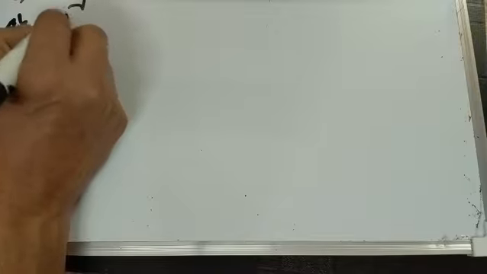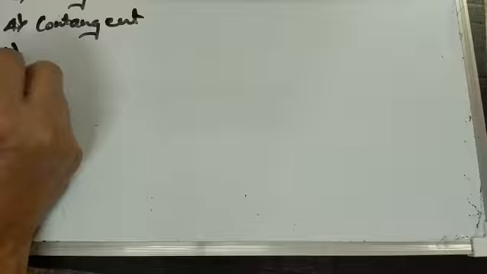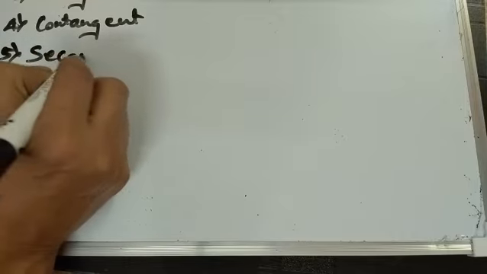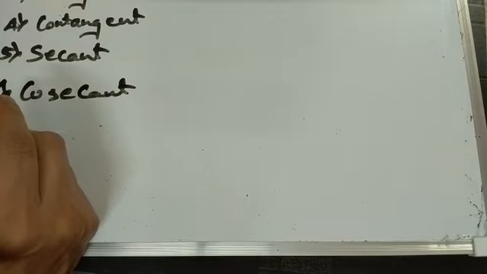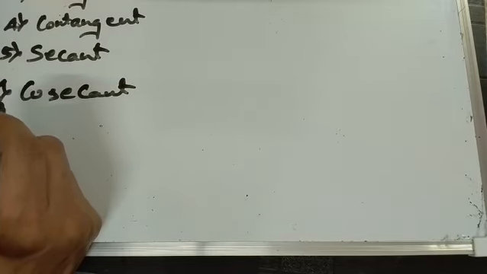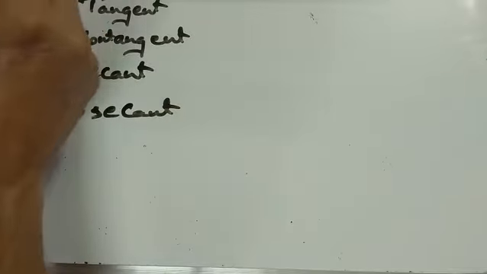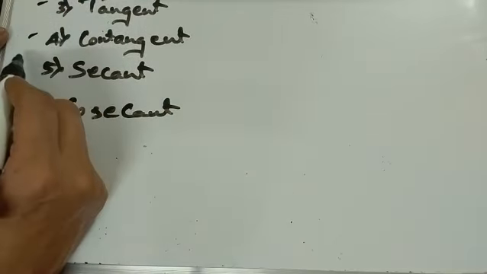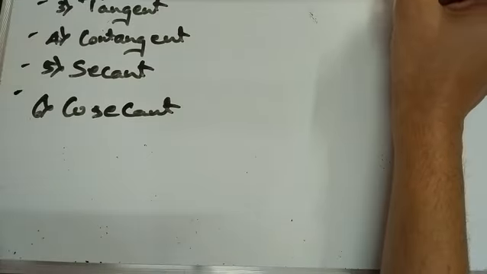Number 4 is cotangent. Number 5 is secant, and number 6 is cosecant. We will study all these 6 ratios.